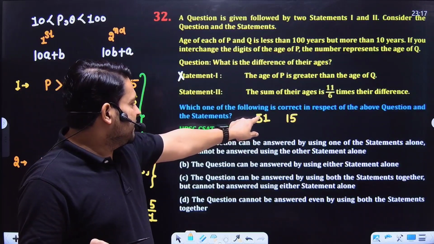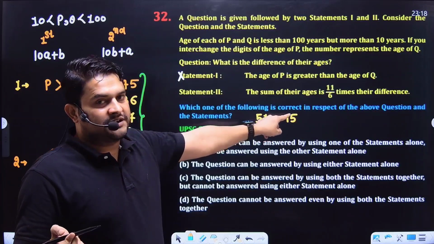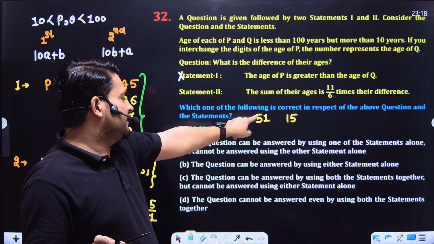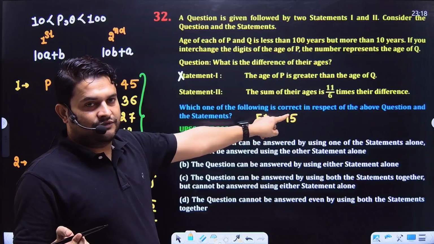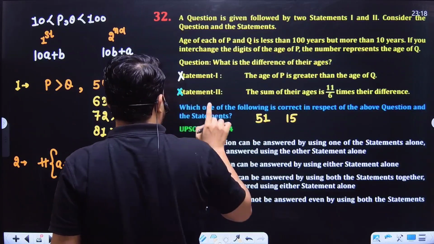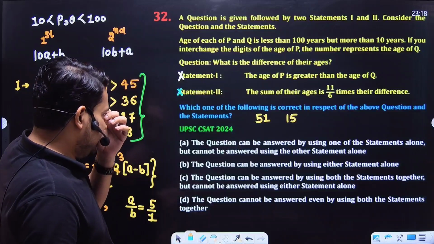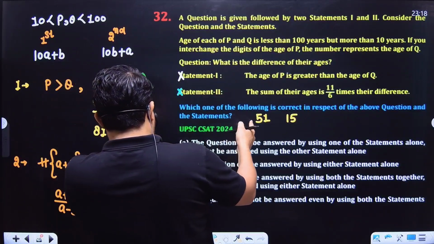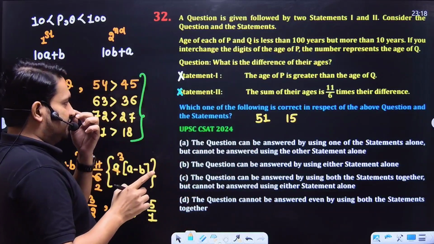This one can be the age of P, this one also can be the age of P, and the same for Q. So statement 2 also fails, because it only tells me that if the age of one person is 51, then the age of the other person will be 15.